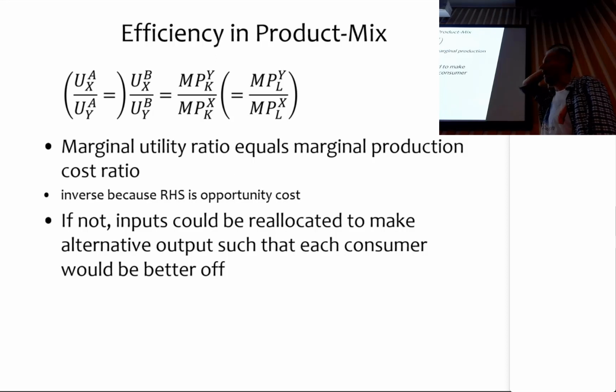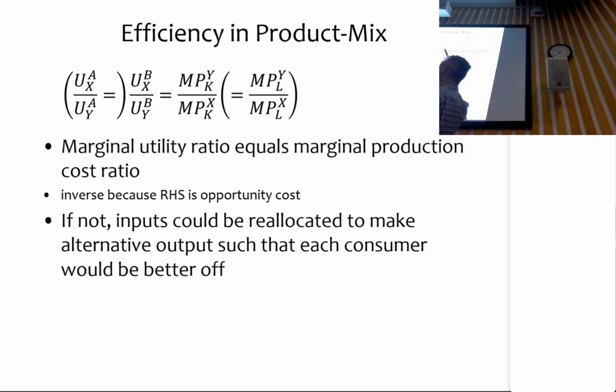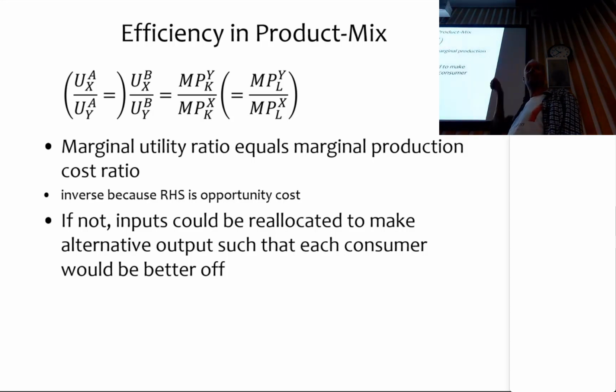And we take the inverse of this. So on the left hand side we have X over Y. On the right hand side we have Y over X. That's because this is an opportunity cost, right? That is why you flip it.